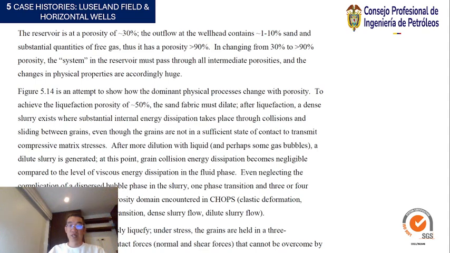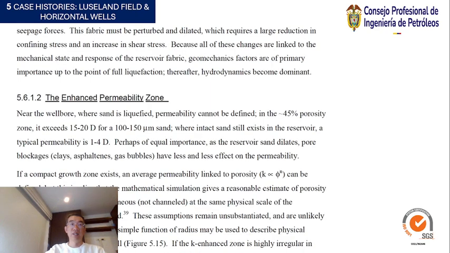The grains are held in a three-dimensional array with high contact forces, normal and shear forces that cannot be overcome by seepage forces.